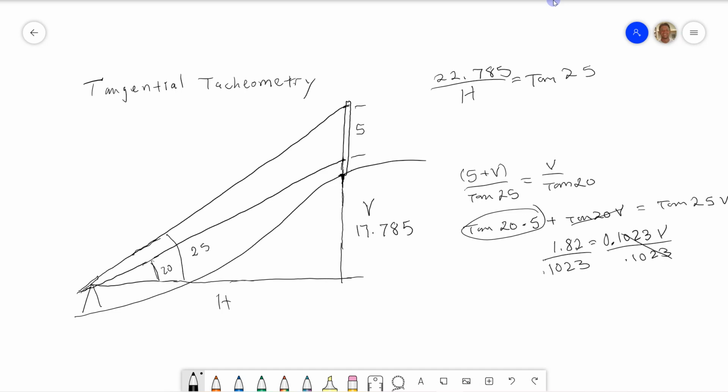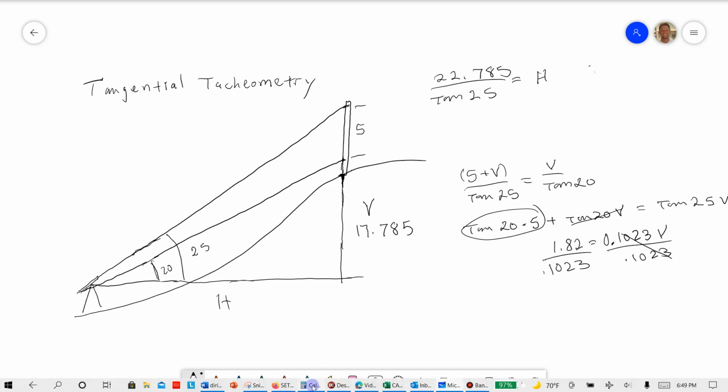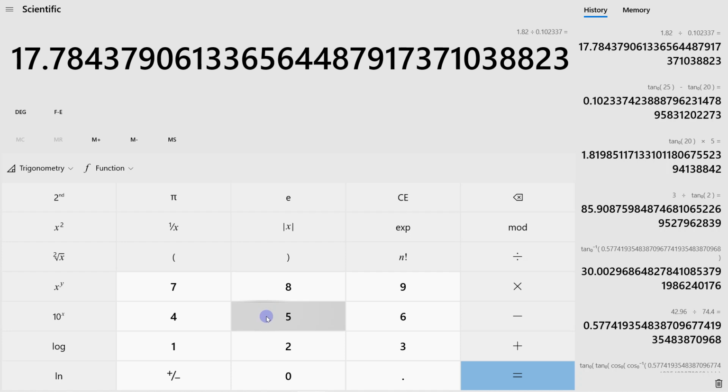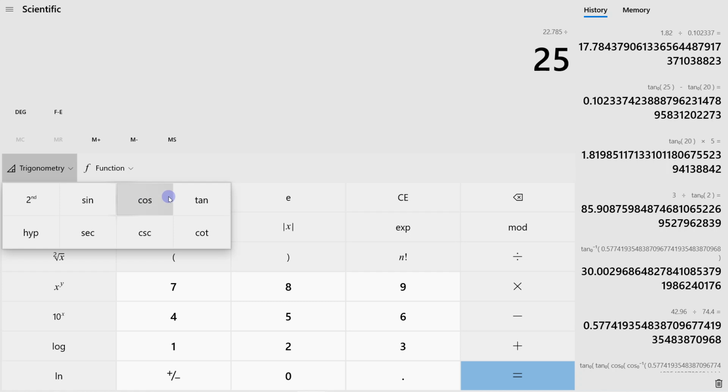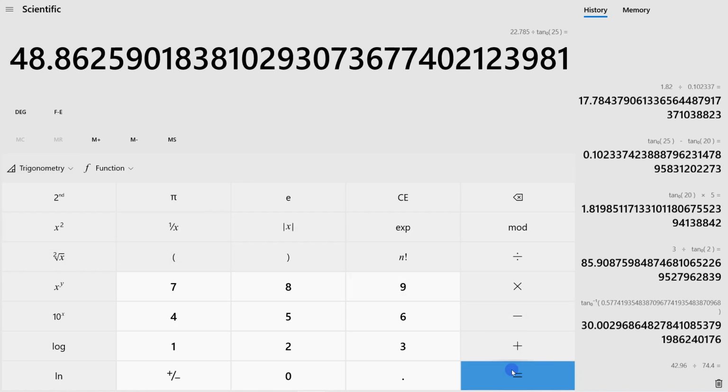So we'll solve for H. 22.785 divided by tangent 25 equals 48.87.